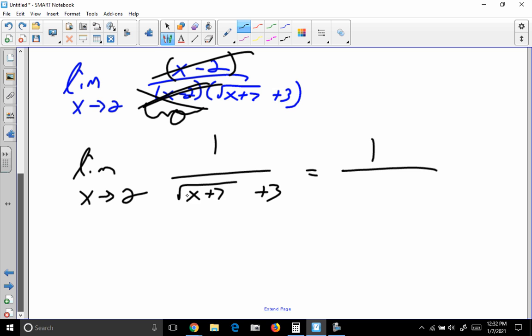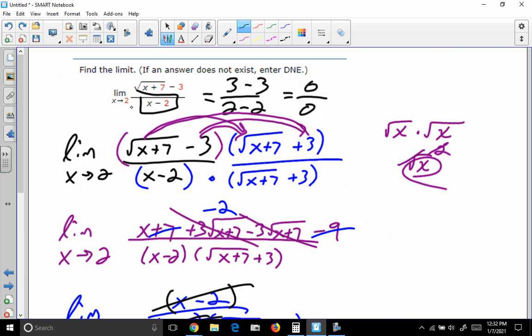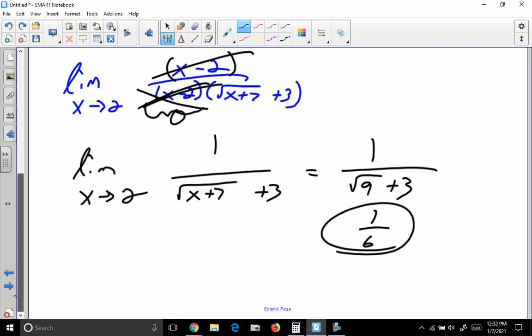So 2 plus 7, that's 9. So we have the square root of 9 plus 3. So 3 plus 3 is 6. So even though our original function is undefined when x is 2, we were able to do some algebra. We multiply top and bottom by the same thing, so all we're doing is multiplying by 1, so we're still equivalent.